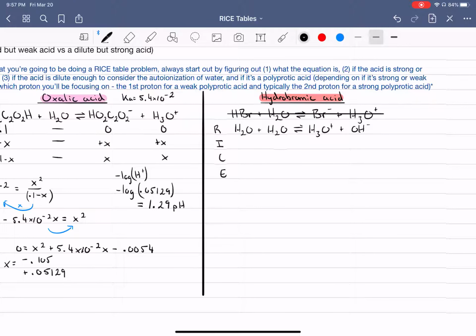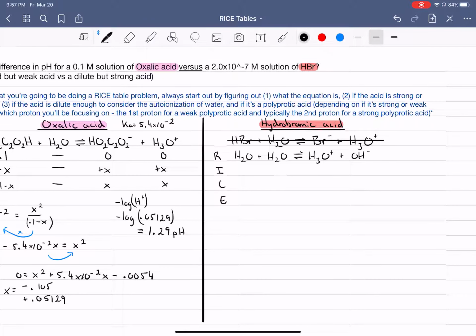And what we do is we take this, remember this, this is like the main difference. We take this and we consider it the initial concentration of our hydronium ion concentration.